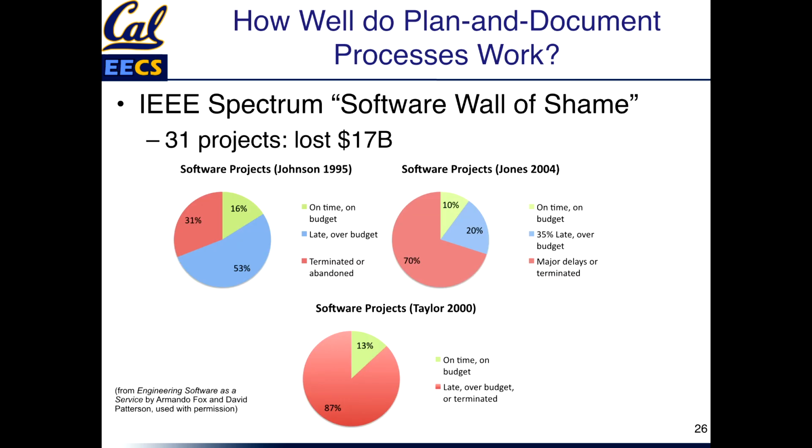So just a few examples of software projects. The green bits here are from 3 various studies of projects that were completed on time. You will see that they're all in the very low teens or even as low as 10% of projects that were completed on time and on budget.